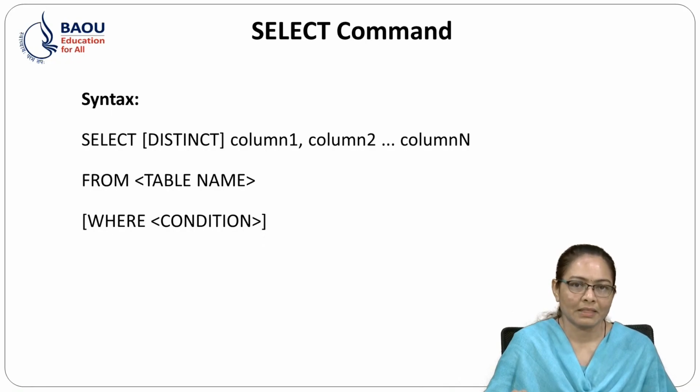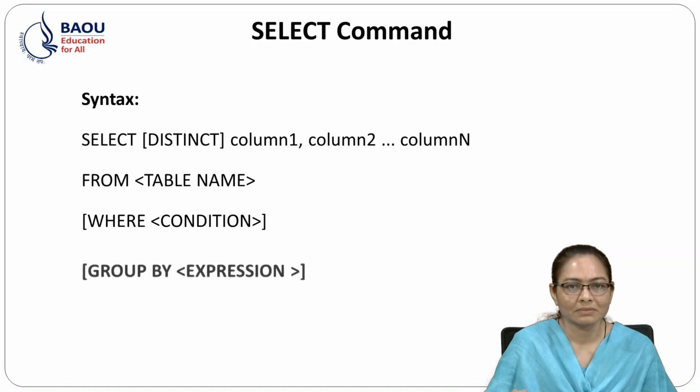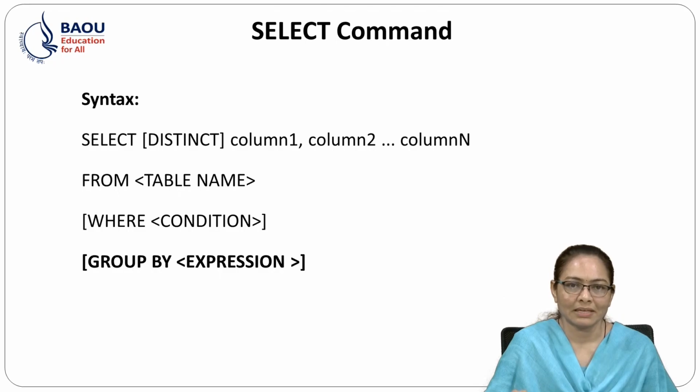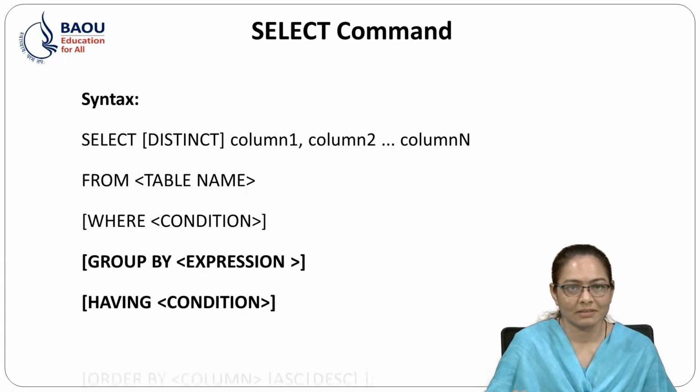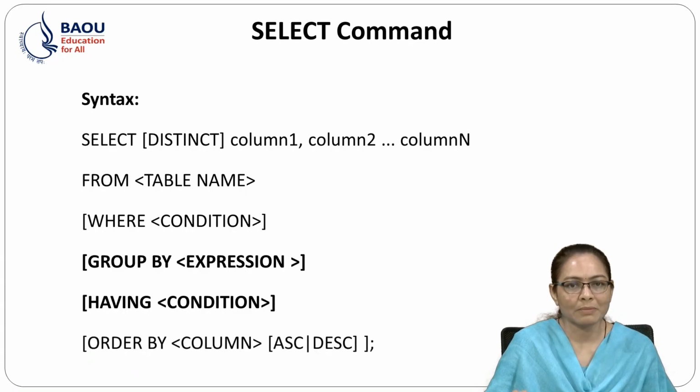Here the square brackets are optional. After the where condition, the group by clause is written. After group by, the having clause is there. After that, the order by clause is used. The group by and having clauses are used between the where and order by clauses.